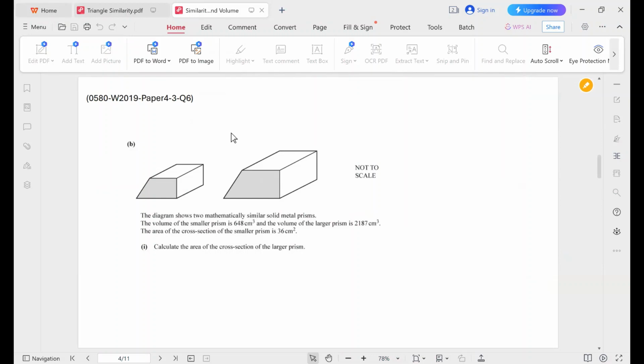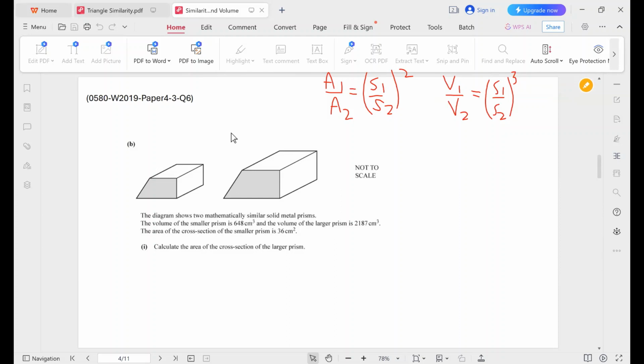So again, we write both rules. So A1 over A2 equals S1 over S2 squared. V1 over V2 equals S1 over S2 to the power of 3. And we begin plugging in the values.